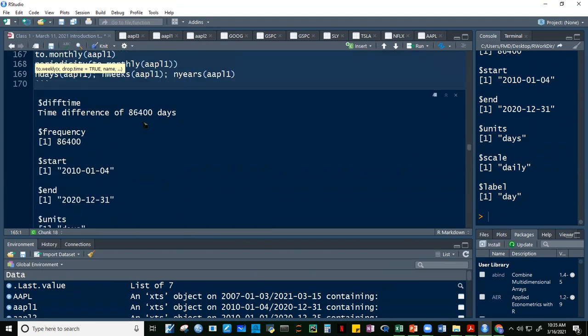Okay. So time difference, ano to? 86,400. 86,400 days. Ano yan? What does 86,400 mean?